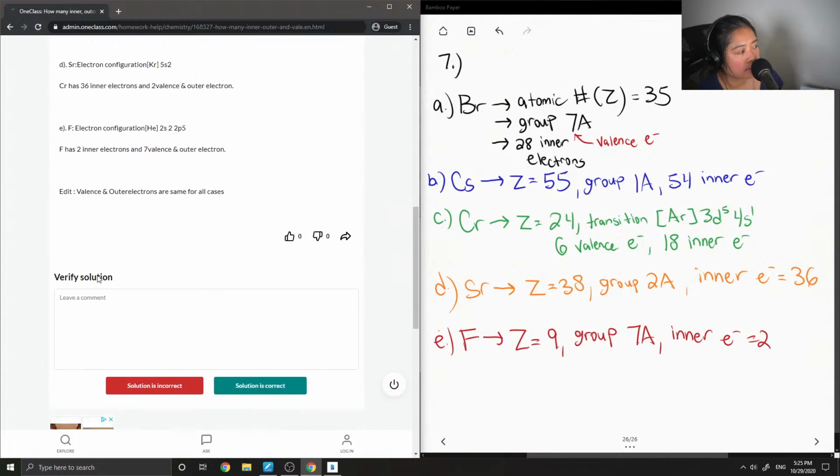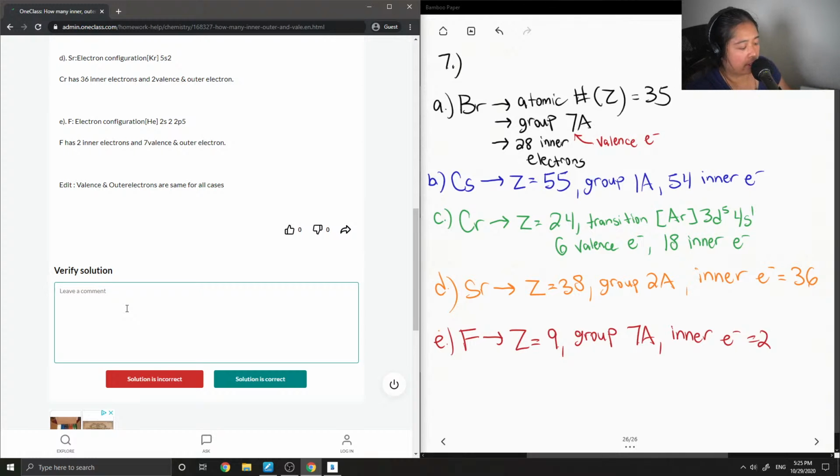I'm just going to correct. Everything else was correct, so I'm just going to do this little note. Chromium should have 6 valence electrons and 18 inner electrons.